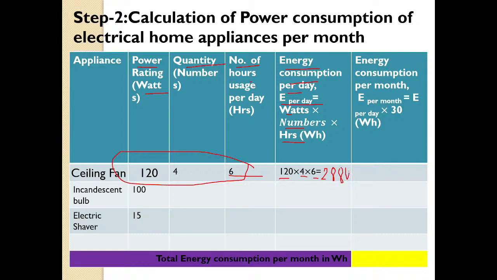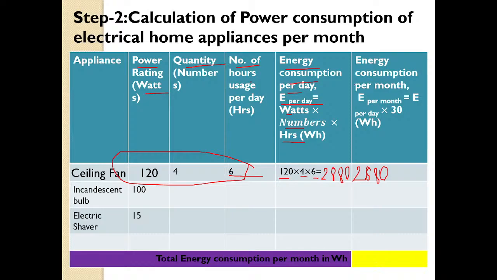If you calculate this, I don't know whether this is right or wrong, so just mention in the comment box whether this answer is right or wrong. Now we have calculated the energy consumed per day is 2880.